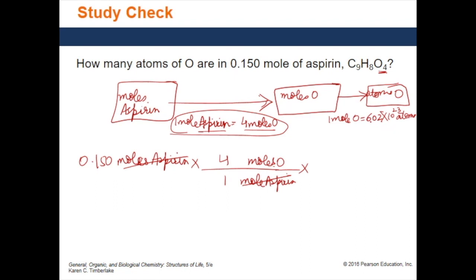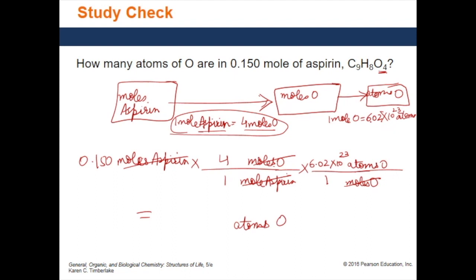So I have reached this spot right here. Now we go from moles of oxygen to atoms. To cancel mole, I divide by moles of oxygen and multiply by atoms of oxygen. 1 mole of oxygen has 6.02 times 10 raised to power 23 atoms. Moles cancelled, and your final answer is in number of atoms of oxygen.